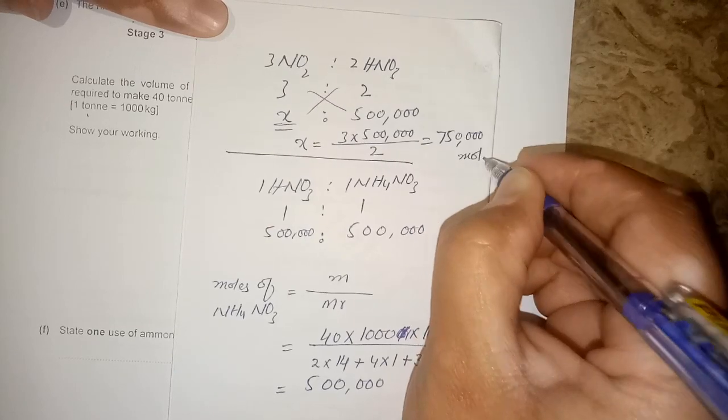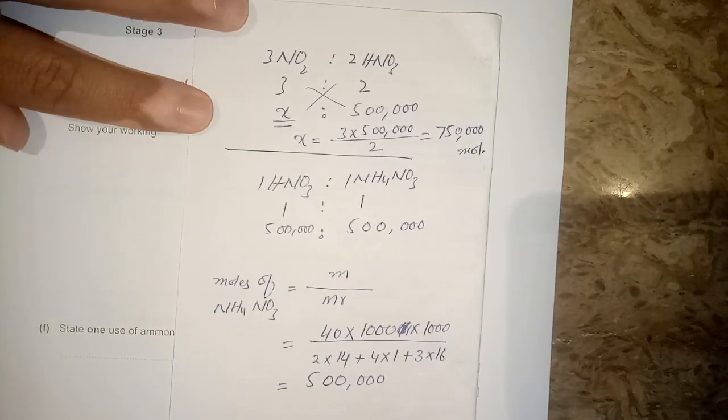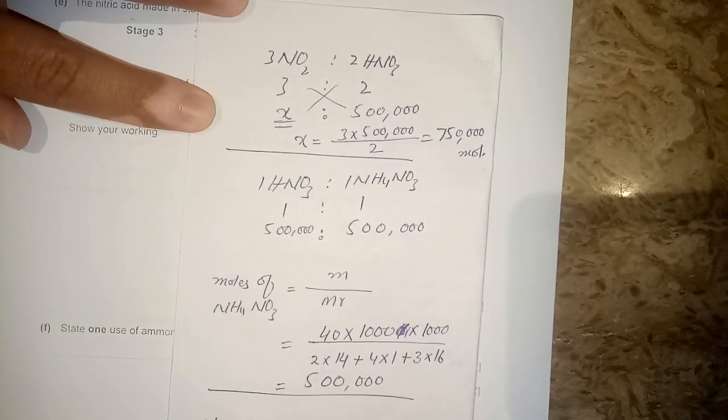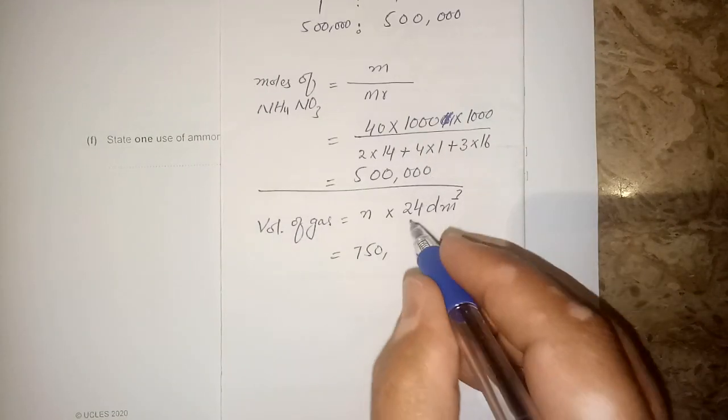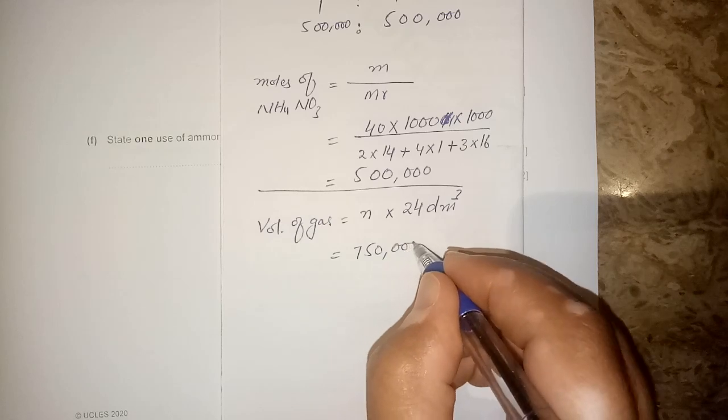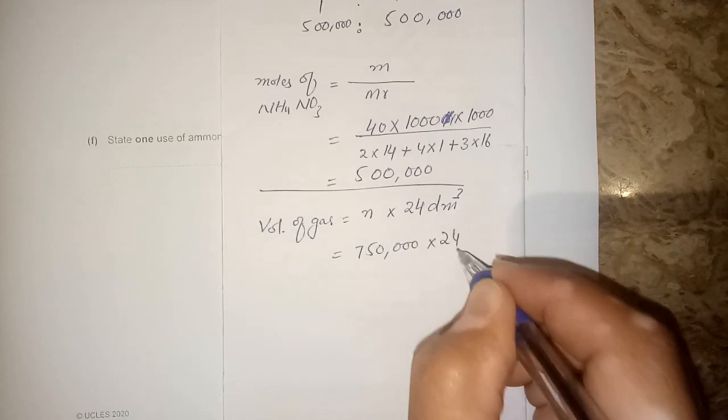moles. And finally, as we need the volume of the gas, you know that volume of gas is equal to moles times 24 dm cube. So we just have to multiply the obtained answer, that was 750,000 times 24.